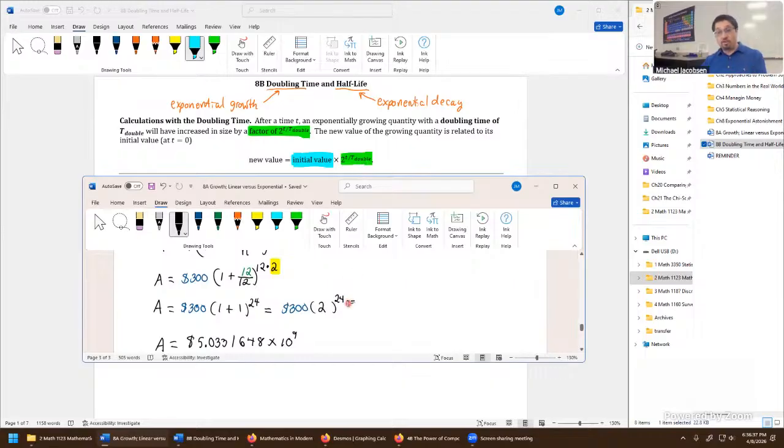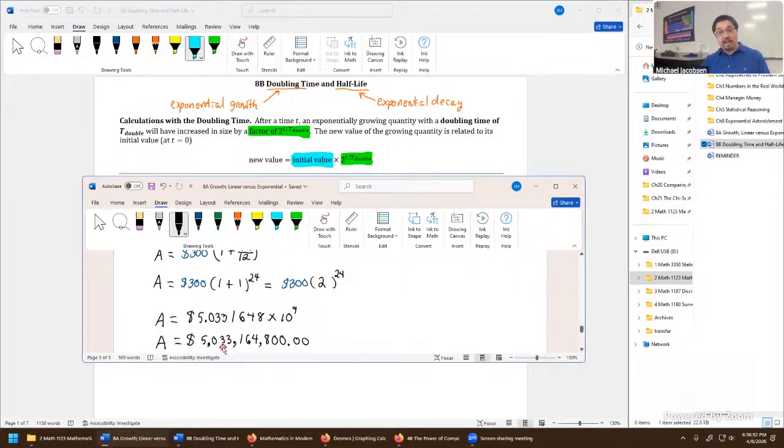So that's really 24 divided by 1. And this was the factor that it increases by after the 2 years have gone by. We take that factor, multiply by the initial amount, and it gave us the new value, the $5 billion, 533 million and some change owed to Quicksand Financial.